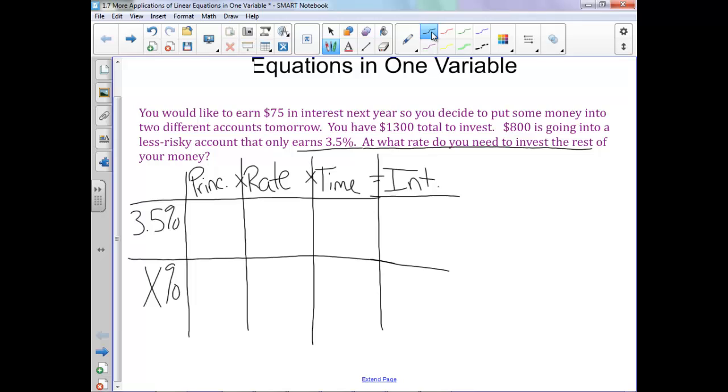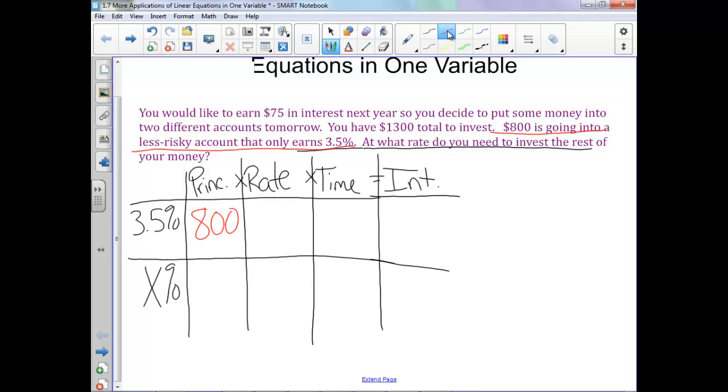So now let's substitute in our values that we know. So first off, we want to earn $75. We know that $800 is going into this 3.5% account. So that means $800 is our principal for here.